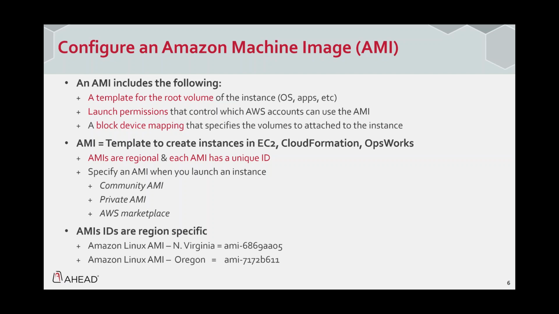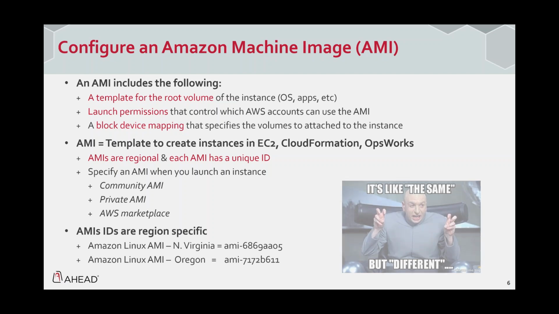So that's important when you're working with platforms such as vRA, when you're trying to automate the deployment of instances from either an on-prem solution or something like that. If you want to deploy to Northern Virginia, you need to use the AMI ID for the template in Northern Virginia. So just keep that in mind.